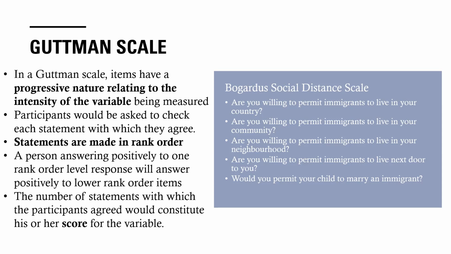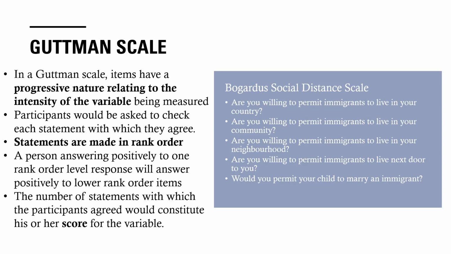And if that cutoff point would be point number 3, then both 4 and 5 would be answered negatively. The way in which this type of scale is scored is based upon the number of check marks or agreements that a person indicates in relation to the items on the scale.